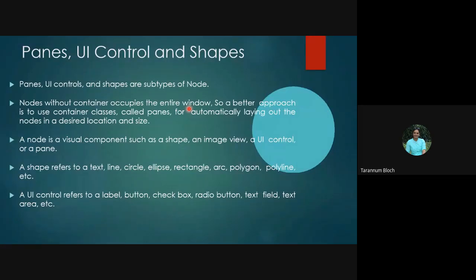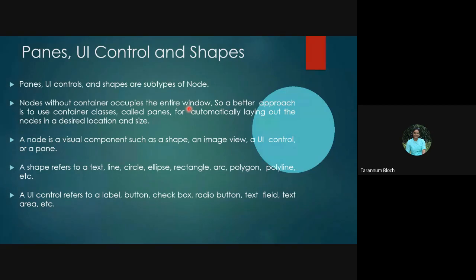So in your scene, what you are doing is adding some pane or control, right? And inside that you will put nodes such as an image or any shape or any UI control such as a button or radio button or list or menu, whatever we want, right?